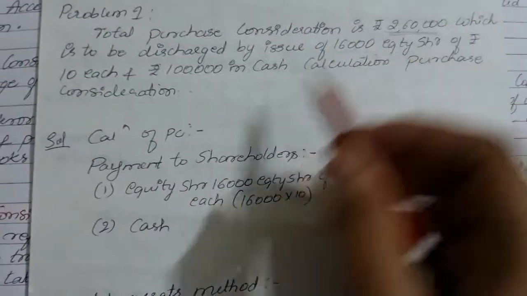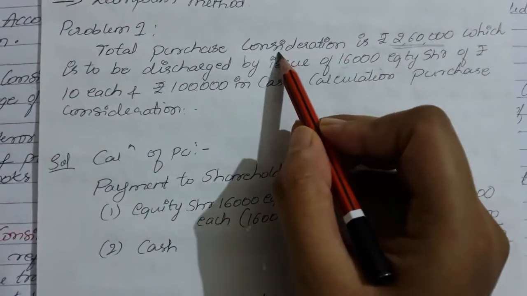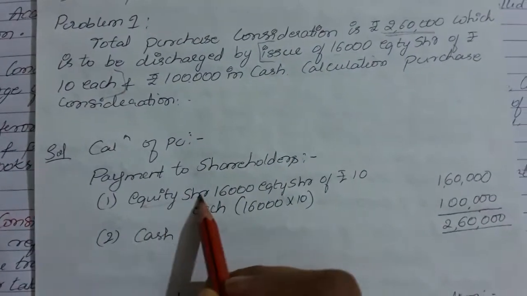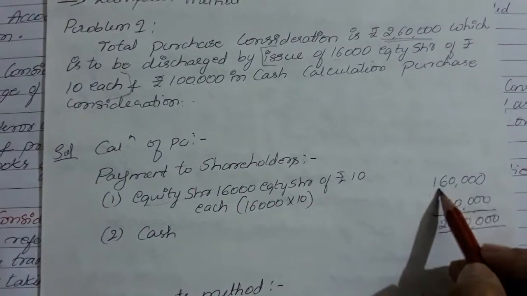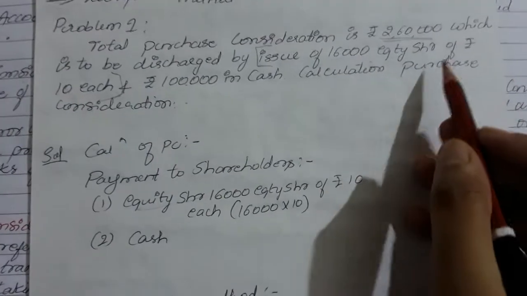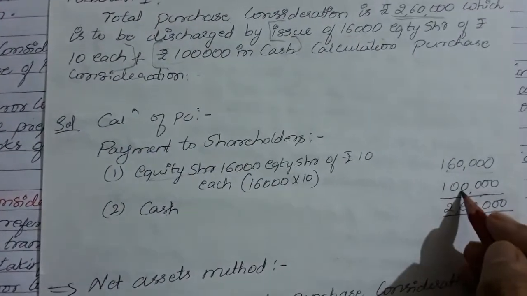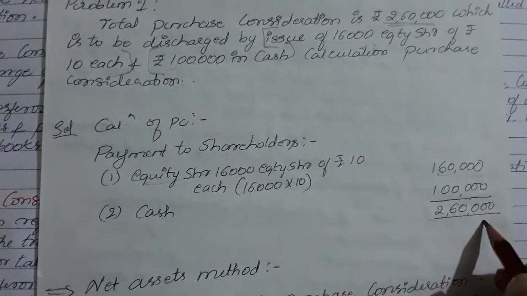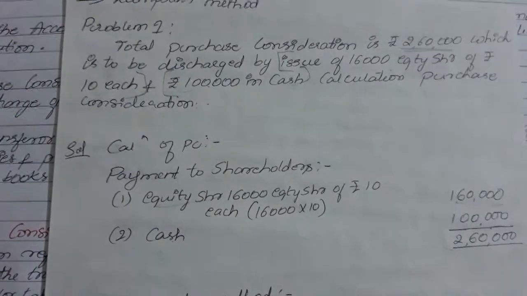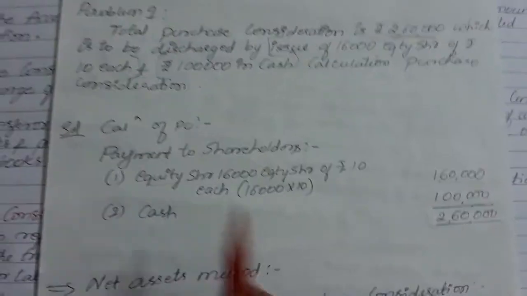First, they will be issuing 16,000 equity shares of rupees 10 each, so that will be 16,000 into 10, 1,60,000 in the form of equity shares, and rupees 1 lakh in the form of cash. So it is a total of 2,60,000. As you can understand here, we have discharged 2,60,000 in two forms: one in the form of equity shares, one in the form of cash.